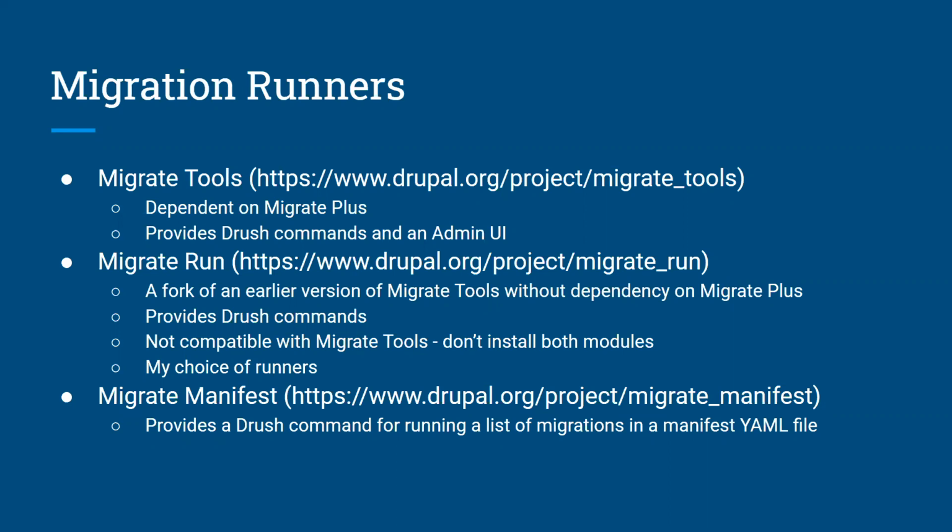Very, very handy if you have a long list of migrations and you don't want to manually type out the commands for them every single time. You just stick them in the manifest file and let it take over. It is compatible with Migrate Tools and Migrate Run as far as I know, so you can execute migrations with Migrate Manifest and then do more with them later on with, say, Migrate Run if you want.